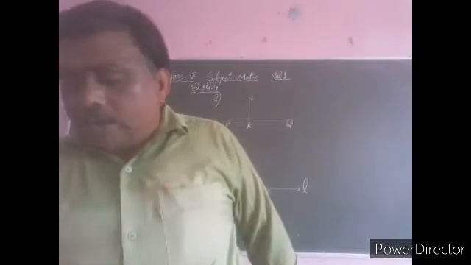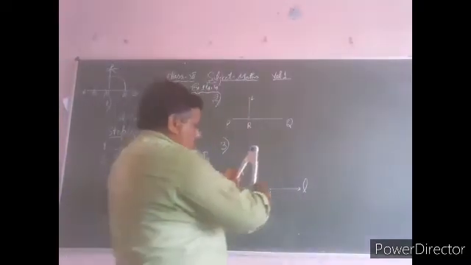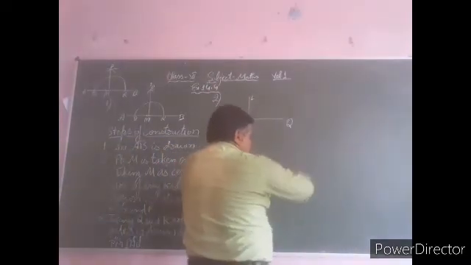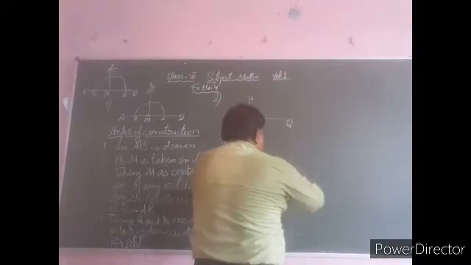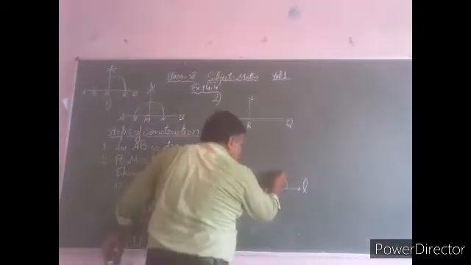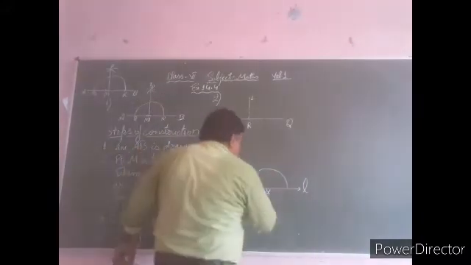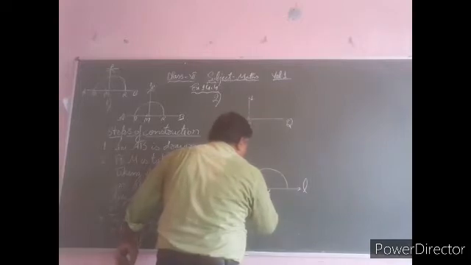So, perpendicular to L, take the compass and, in this way, of any radius, draw arcs here and here.